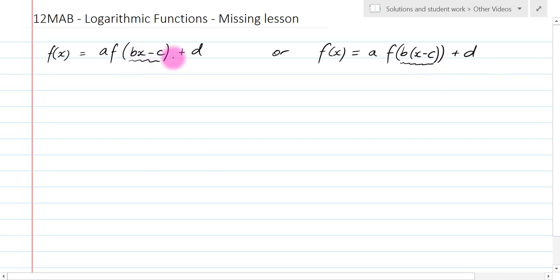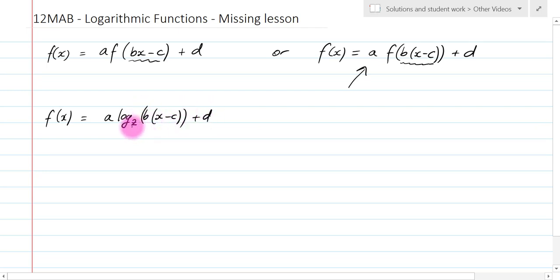But you remember that I've spoken to you about the fact that we don't always need a, b, c and d. So I'm going to start by saying that we'll typically head towards that form for our logarithms, and I'm going to write down our standard log form as f of x equals a log base z of bx minus c plus d.